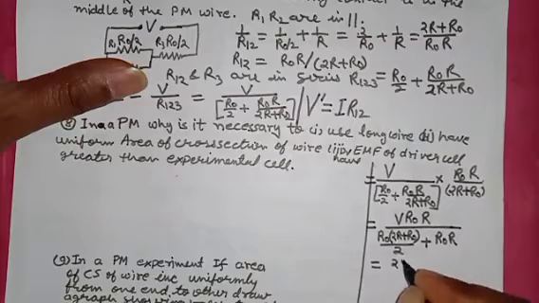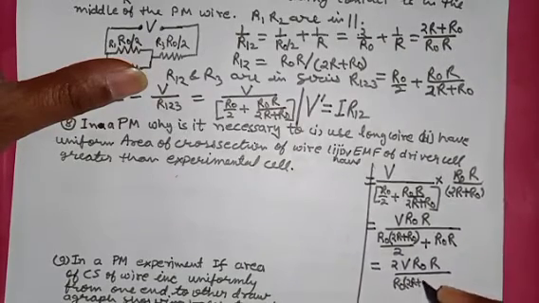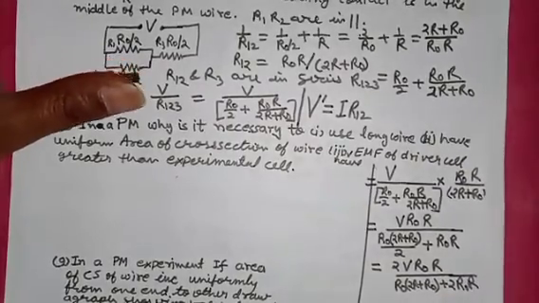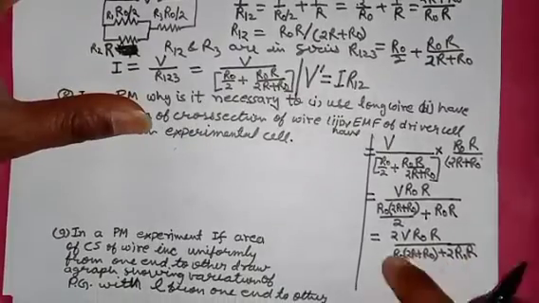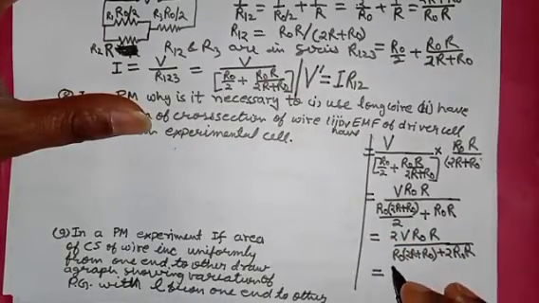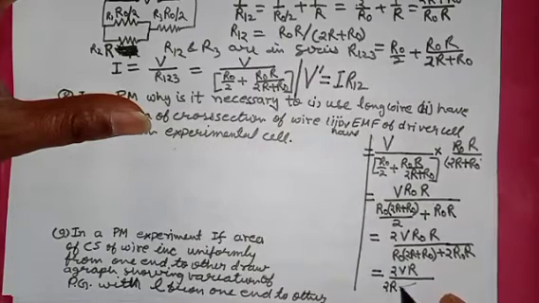So it will be 2V R naught R upon R naught (2R plus R naught) plus 2R naught R. R naught can be taken as common and will cancel throughout. Finally what is left is 2V R upon 2R plus R naught plus 2R.